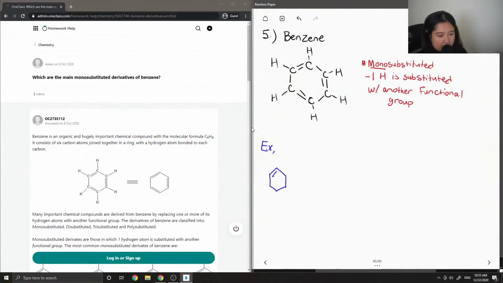So I'll just simplify it and draw benzene like this. If the benzene had a single methyl group, this is called toluene.